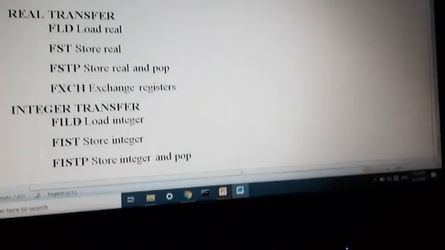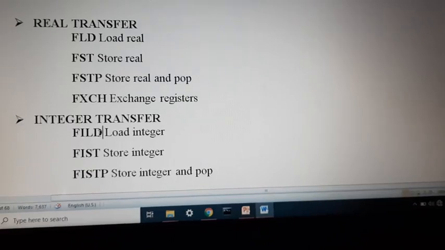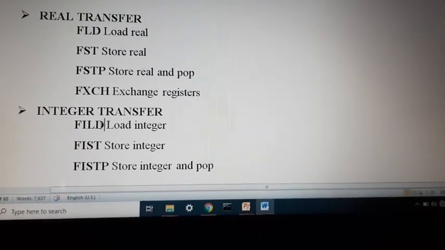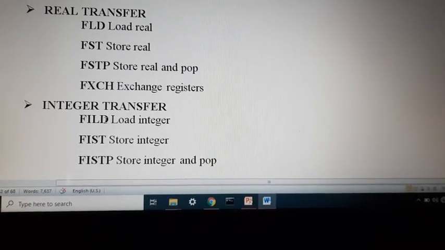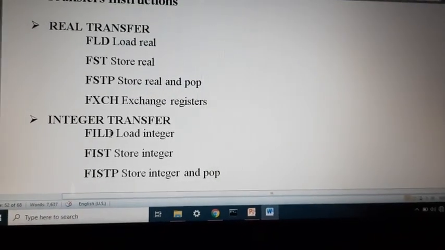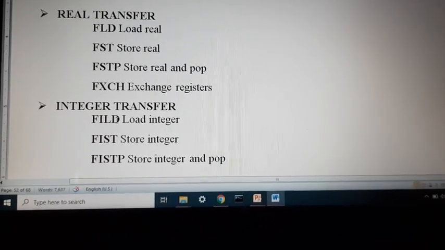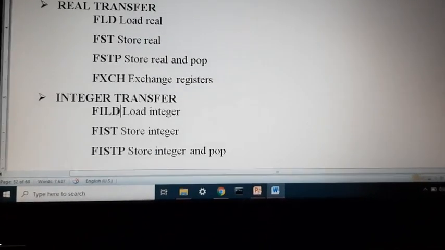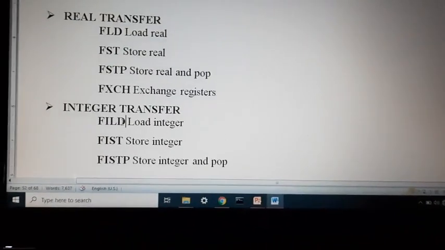We all know that all the operations of 80387 are performed on the register stack, which we have already seen yesterday. It has a total of 8 registers, starting from R0 to R7. Whatever instructions we are executing, the operands are loaded onto the stack or stored from the stack. So load and store operations are there.